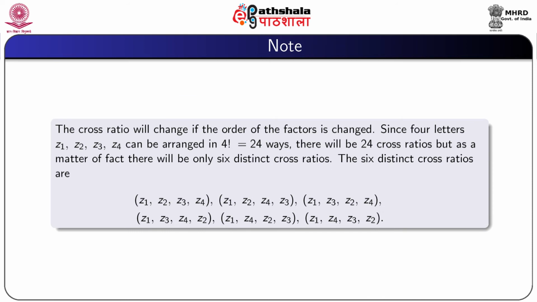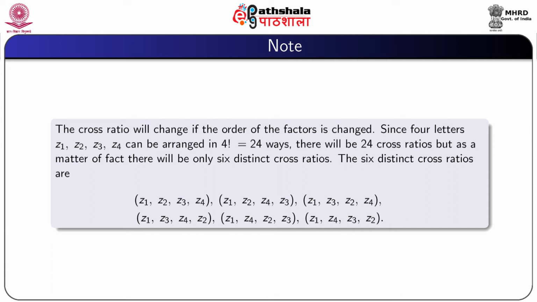So, note the cross ratio will change if the order of the factors is changed. Since 4 letters Z1, Z2, Z3, Z4 can be arranged in factorial 4, that is 24 ways, there will be 24 cross ratios.